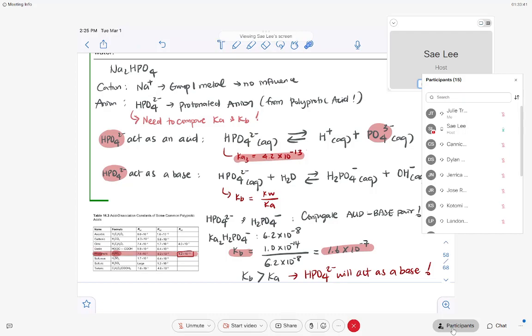The Kb value would be larger. So a larger Kb value means this anion is more likely to produce hydroxide ion in water. Therefore, rather than act as an acid, it will prefer to act as a base. Does that make sense? Yeah, thank you.